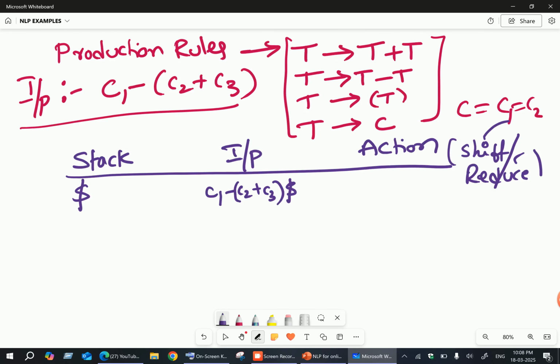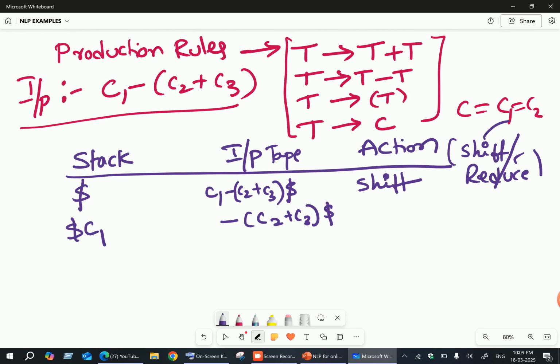First we need to shift from the input tape to the stack, so we write a shift action. After implementing this shift action, C1 will come to the stack. The leftover string is minus C2 plus C3 and dollar.